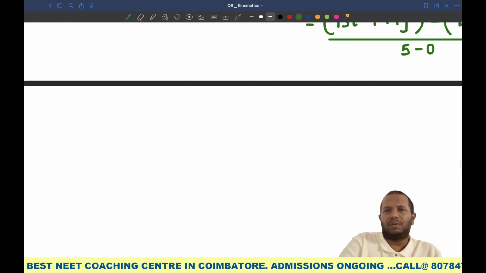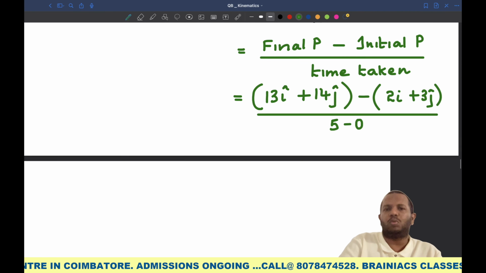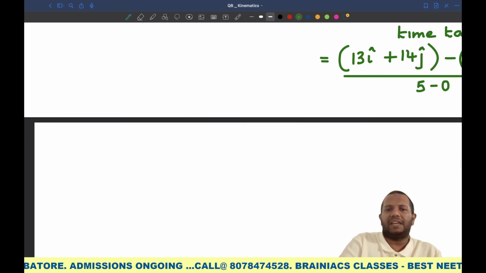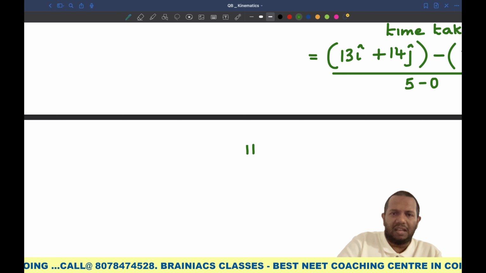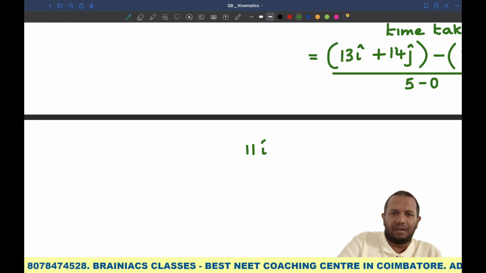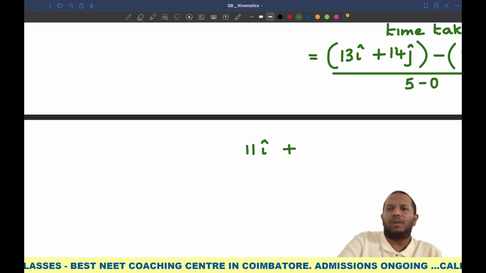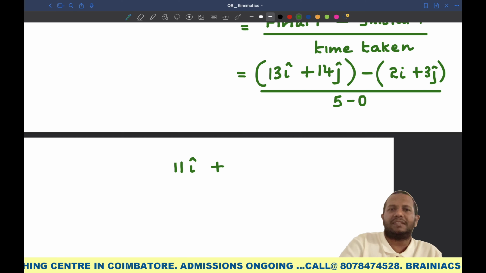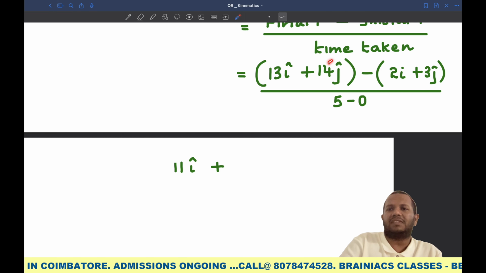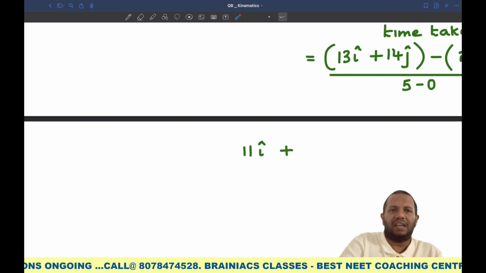So we have 13i plus 14j. 13i minus 2i would be how much? That would be 11i. Plus 14j minus 3j. So 14 minus 3 is how much again? 11. So I can write it as 11j.